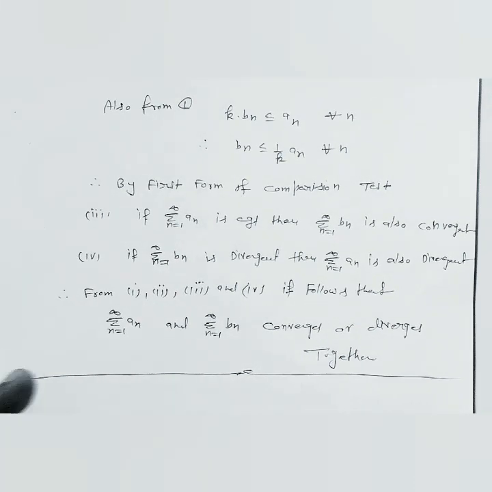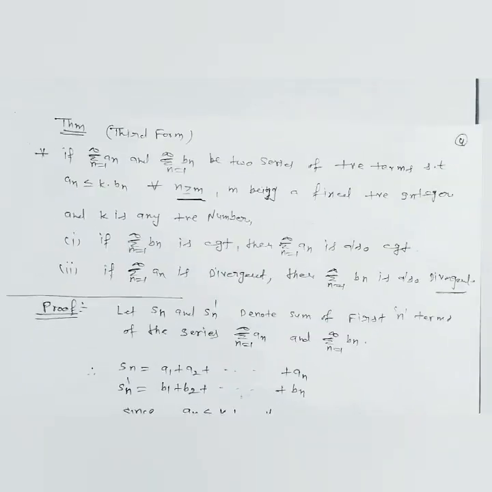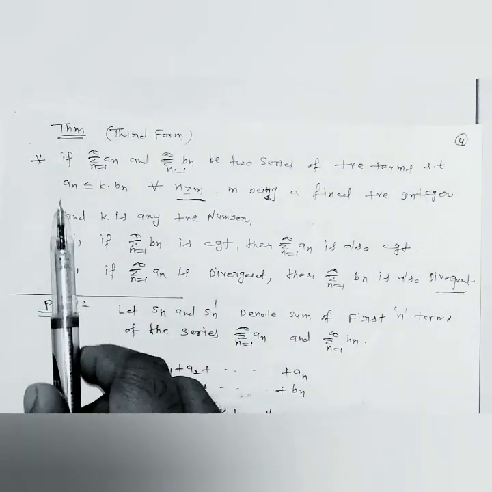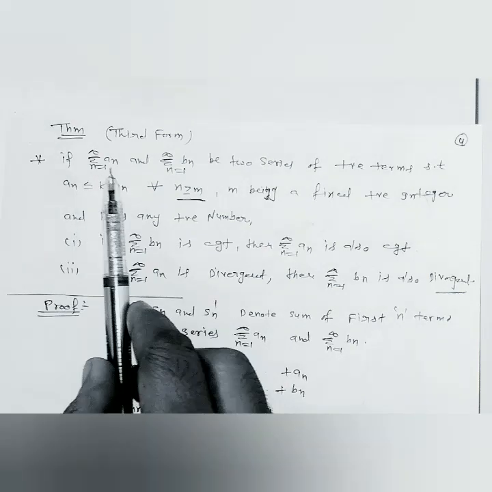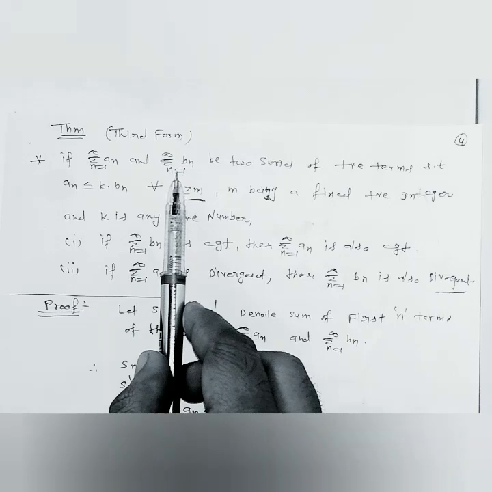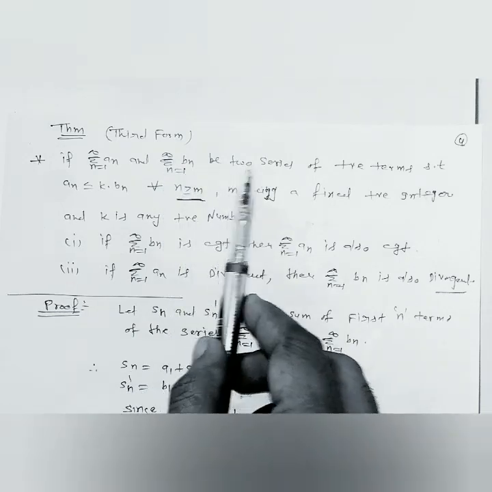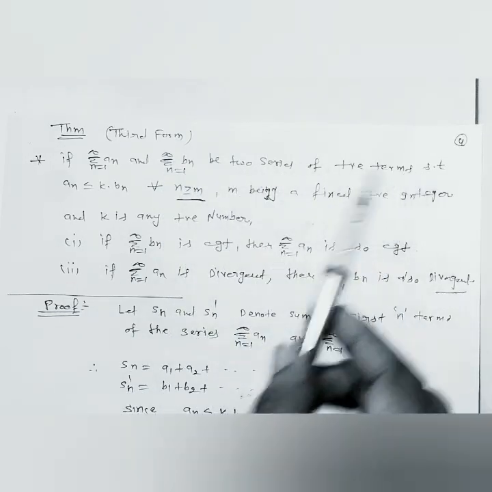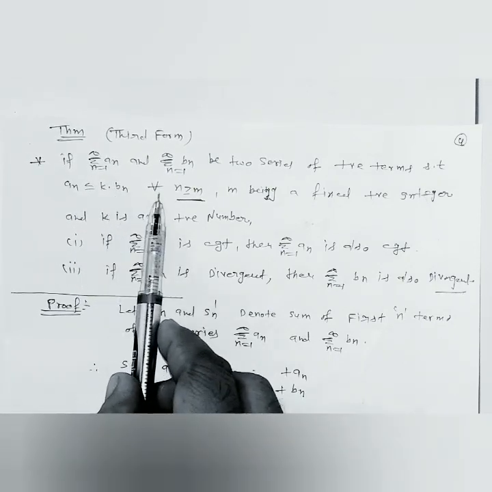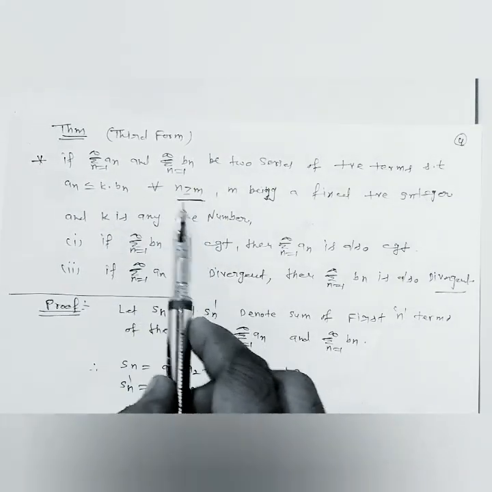Clear? Now we discuss the next comparison test, the third comparison test. In the third form of the comparison test, it is given that if summation n equals 1 to infinity an and summation n equals 1 to infinity bn are two series of positive terms such that an is less than or equal to k times bn for all n greater than or equal to m.